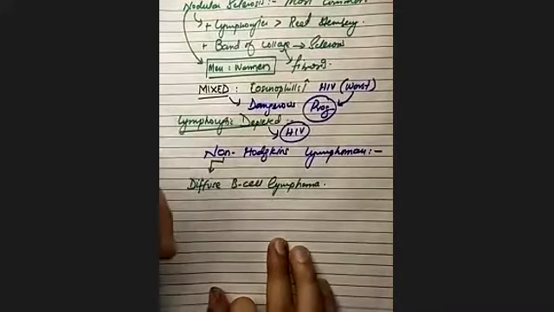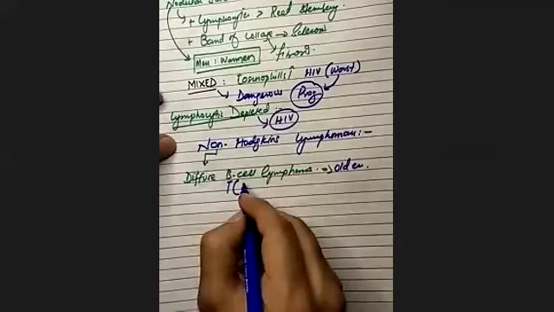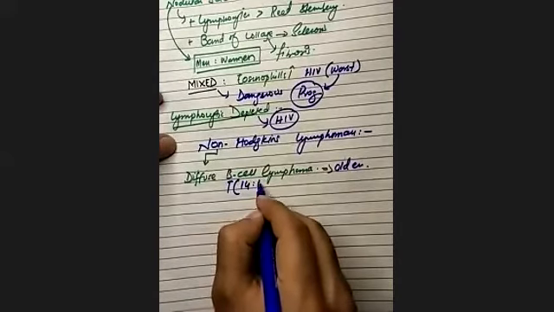Usually older adults are involved, and this is the most common type. And there is a translocation of 14 to 18.